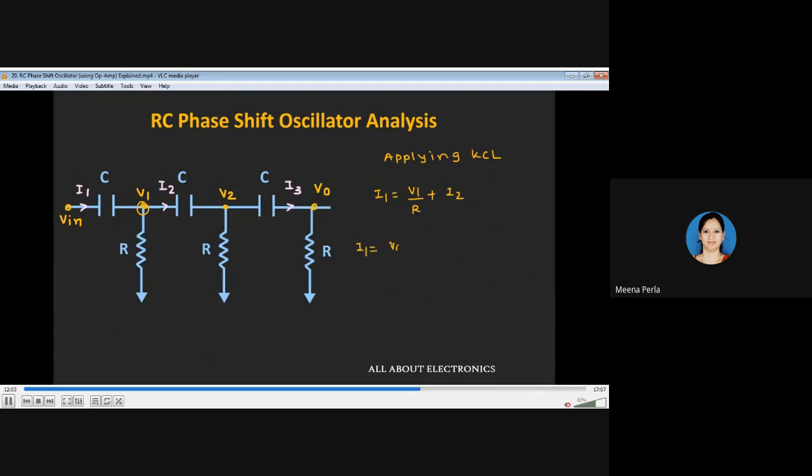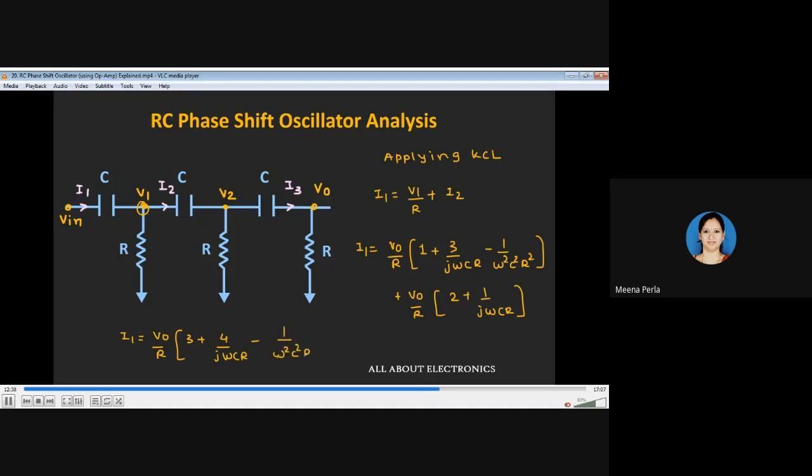So we can get I1 as V0 by R times 1 plus 3 by j omega CR minus 1 by omega square C square R square, plus the value of I2, which is VO by R times 2 plus 1 by j omega CR. We can simplify this equation and get I1 as V0 by R times 3 plus 4 by j omega CR minus 1 by omega square C square R square.